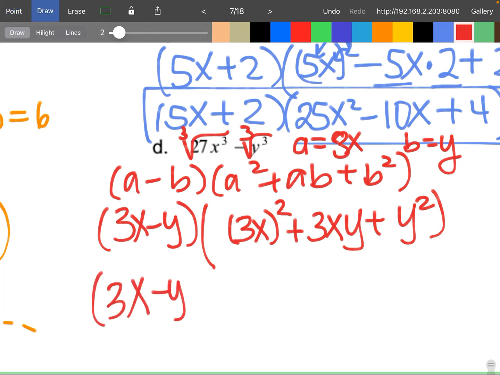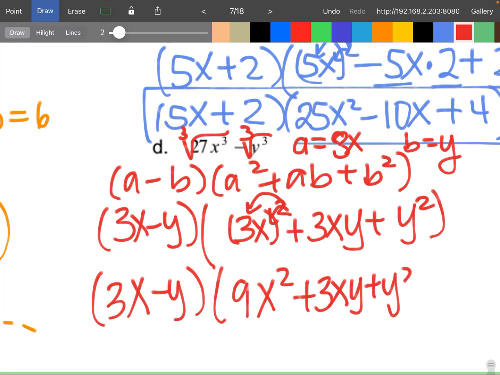Remember, this is 3x minus y again, and my squared needs to be distributed to both the 3 and the x squared. So it's going to be 3 squared, which is 9x squared, plus 3xy plus y squared. And this is your answer.